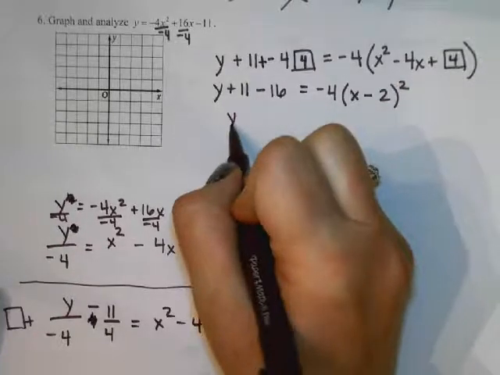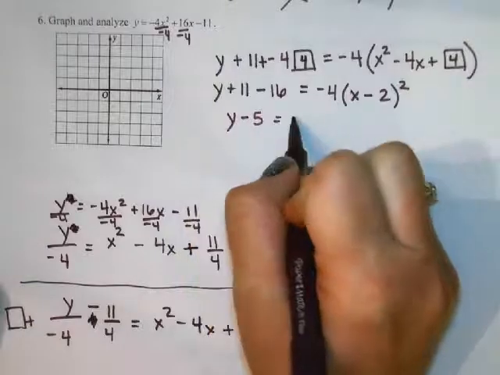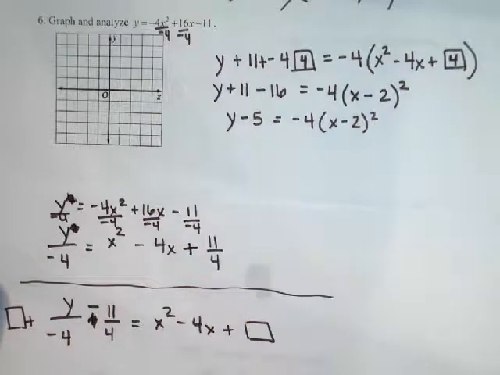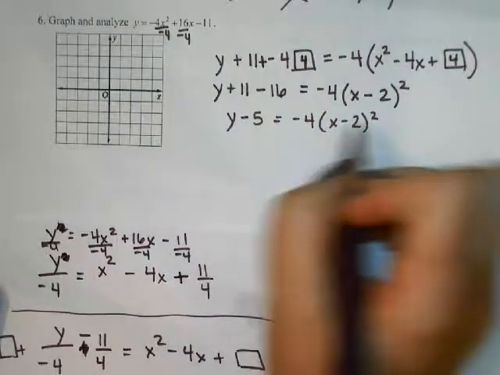Okay, so y minus 5 equals -4 times x minus 2 squared. Move your 5 over.